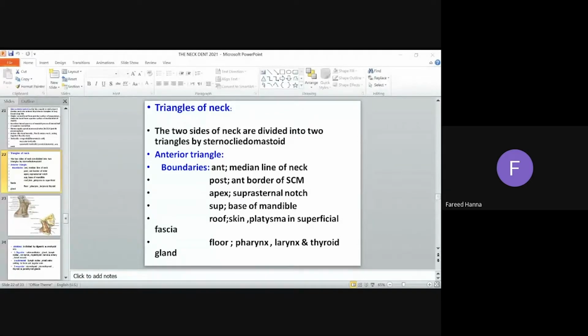Posteriorly is the anterior border of sternocleidomastoid muscle, and the apex of it is the suprasternal notch. The base of this triangle is the base of the mandible with the stylomandibular ligament. Of course, it is covered with the skin and platysma and superficial fascia, and then you have the investing layer of deep cervical fascia. In the floor of this triangle lies the viscera of the neck: the carotid sheath with the pharynx, larynx, and the trachea.